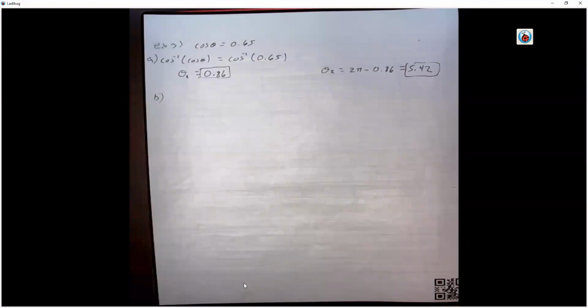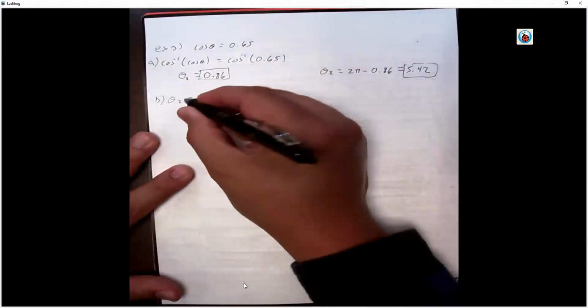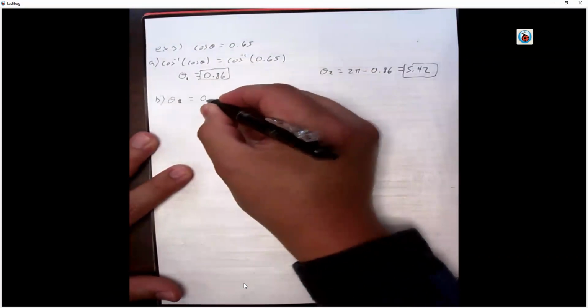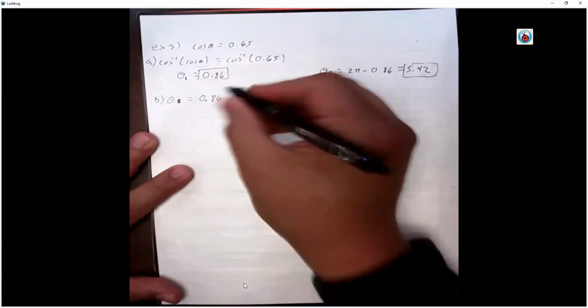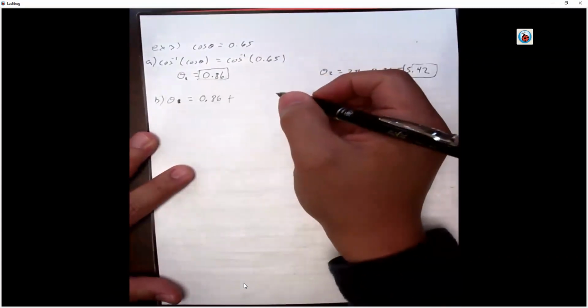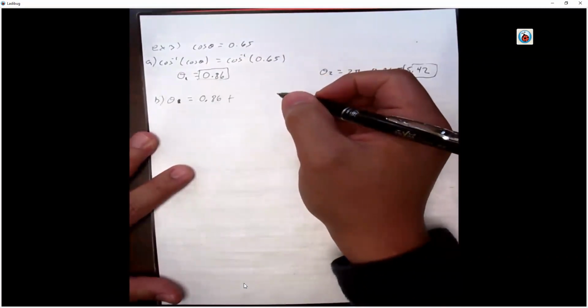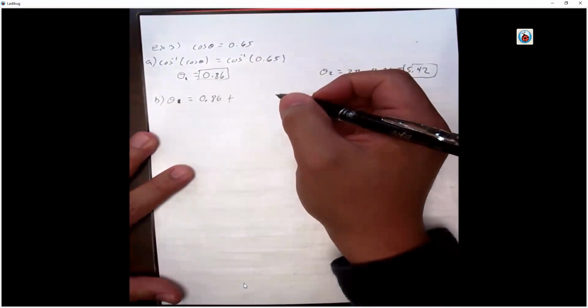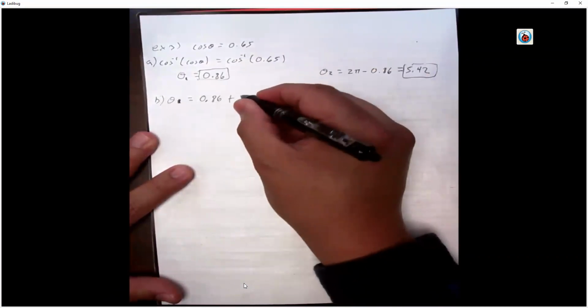It's not one of the pretty answers. So here you'd have to just tack on 0.86 plus 2 pi k.